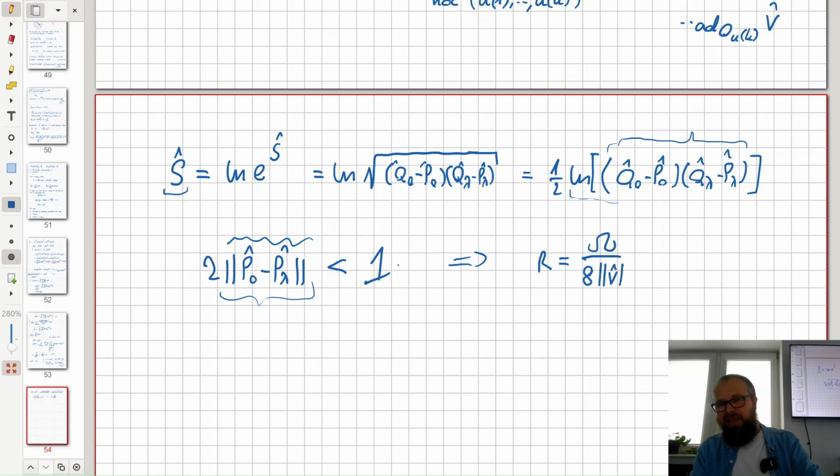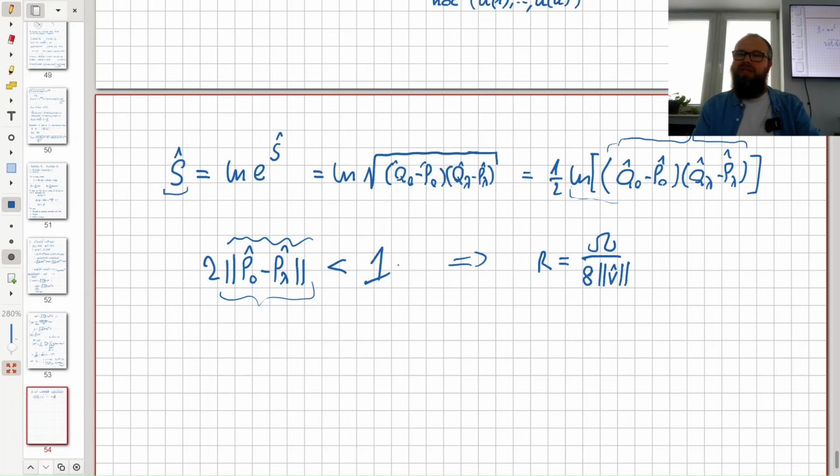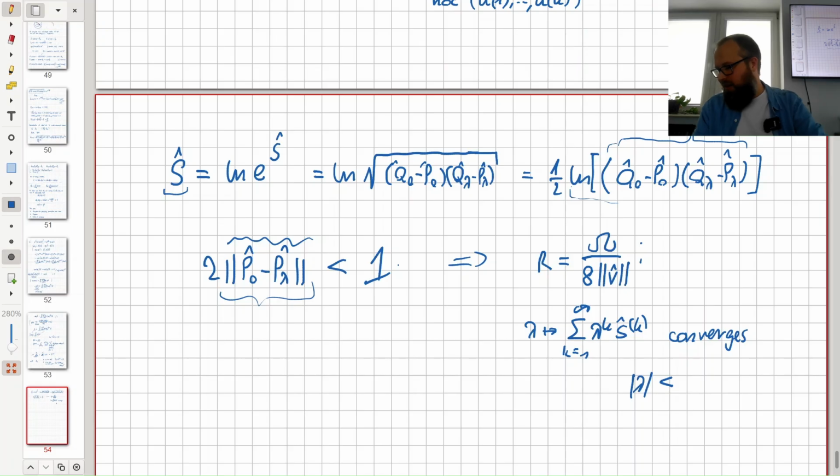divided by A times the norm of the perturbation V, which means that if you look at the function S as an analytical function of lambda, this guy converges absolutely and uniformly for lambda smaller than this R, the gap over A times V. So this is the estimation of how big the perturbation can be before everything breaks down.